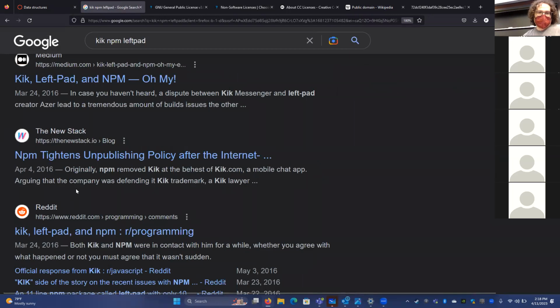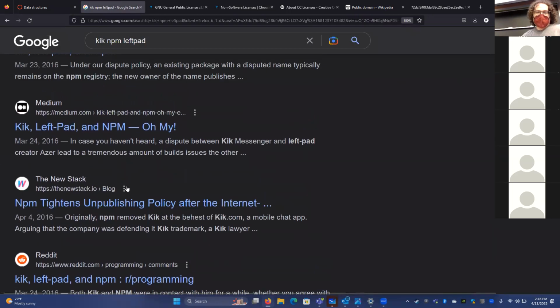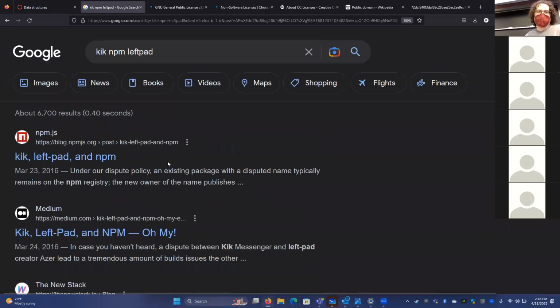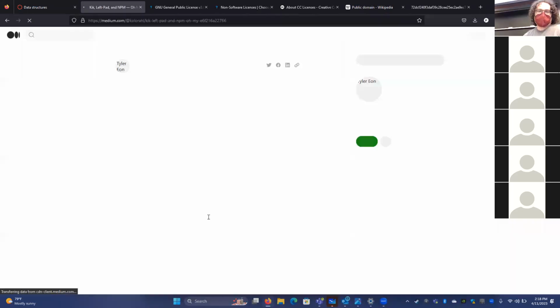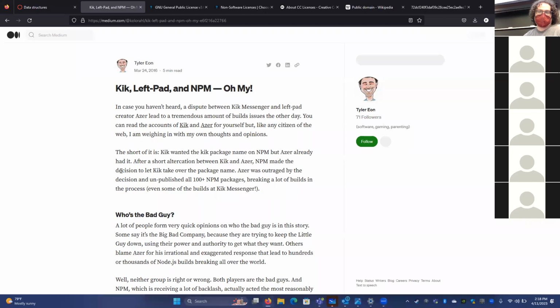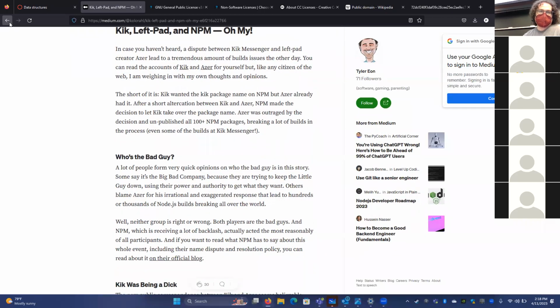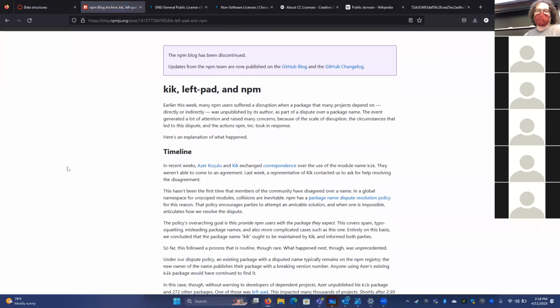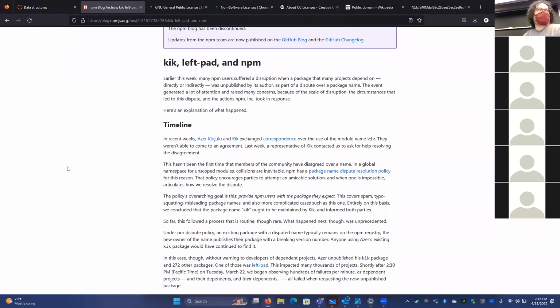In this case, what happened was a developer was asked by another company to hand over the name for one of his packages to a company called Kik. And he wrote, and NPM sided with the company.